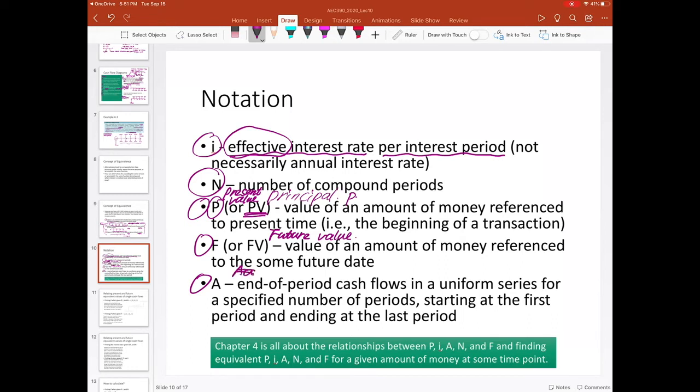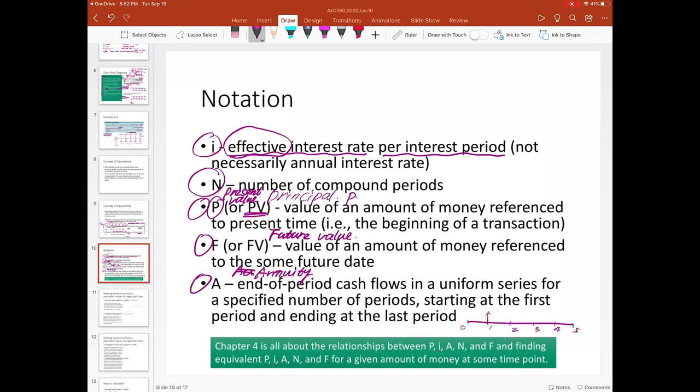So A is annuity, which is the end-of-period cash flows in a uniform series for a specified number of periods. It starts at the first period and ends at the last period. If you convert the cash flow to an annuity, the annuity always occurs at the end of each period.